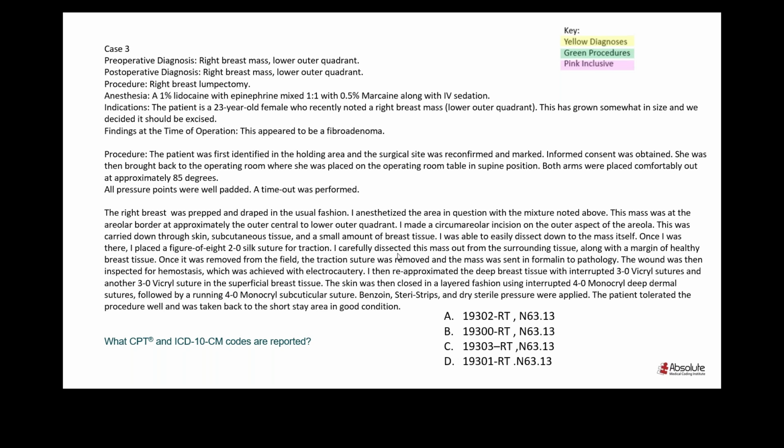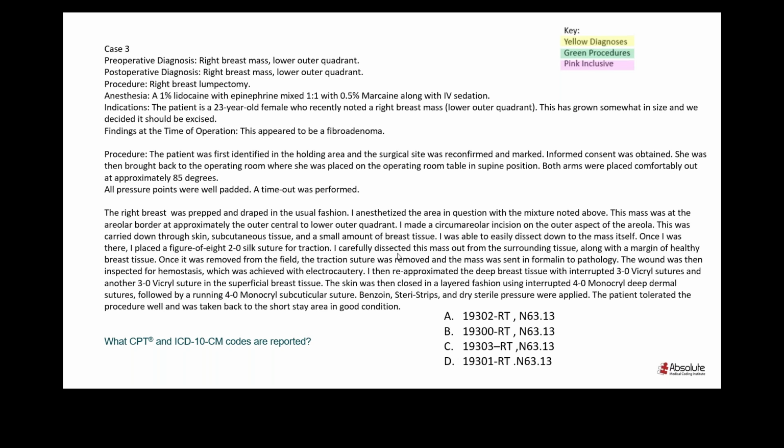I then reapproximated the deep breast tissue with interrupted 3-0 Vicryl and another 3-0 Vicryl in the superficial breast tissue. The skin was then closed in a layered fashion using interrupted 4-0 Monocryl deep dermal sutures, followed by a running 4-0 Monocryl subcuticular suture.